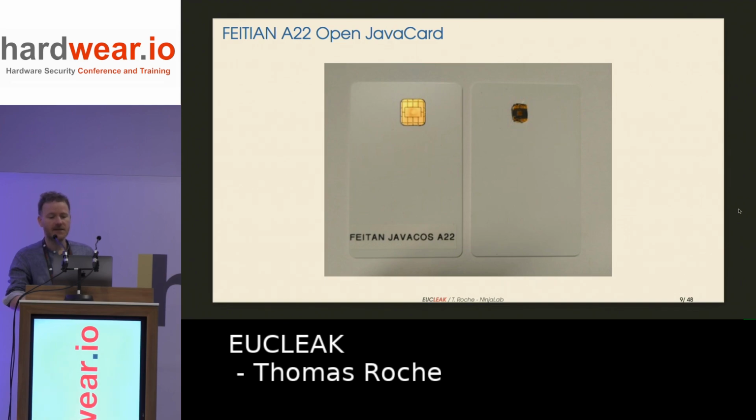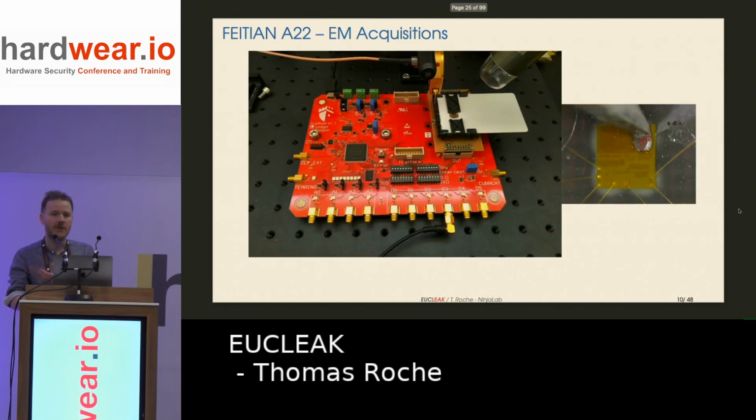It looks like this. This is a smart card, so we open the rear of it to have access to the die, and we put it into our side channel bench. What you see here is a custom smart card reader. The board was developed by Ledger, a hardware wallet developer, and it's meant for side channel analysis. You have your card there, and in the right picture you see our probe.